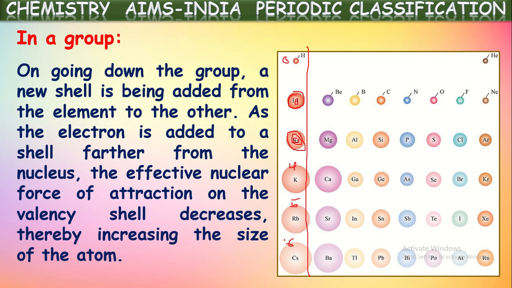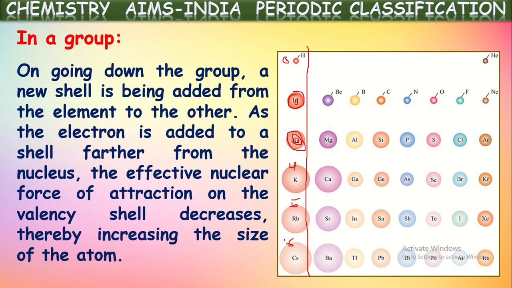In this way, what do we observe here? In a group, from top to bottom, the number of shells increasing from element to element. As the number of shells increase, what happens? Size of the atom automatically increases. So we can say in a group from top to bottom, atomic size or atomic radius increases.